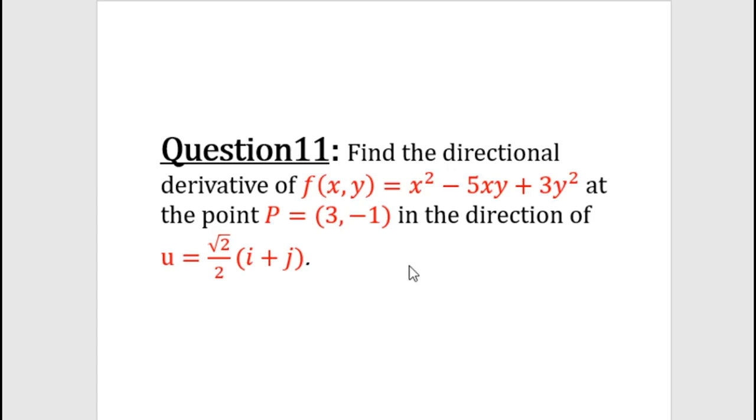Now question number 11. Find the directional derivative of f at the point p in the direction of u. The function is given, the point is given, and the vector u is also given.